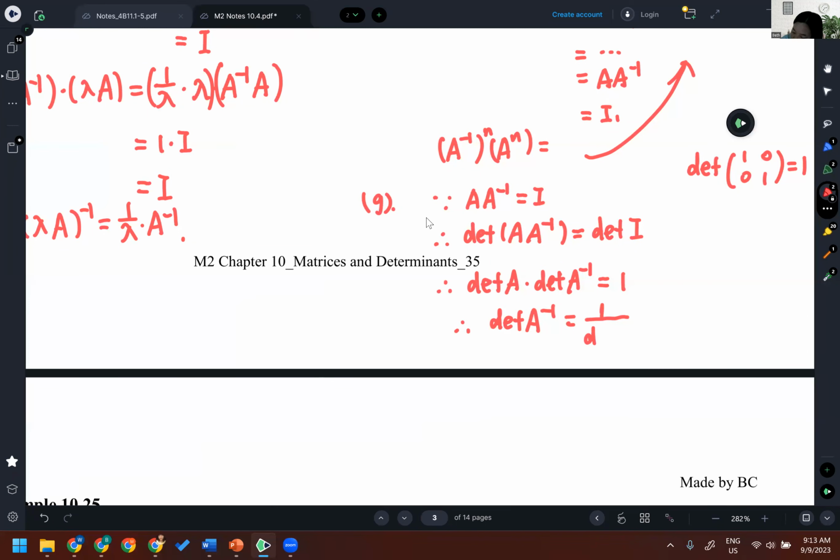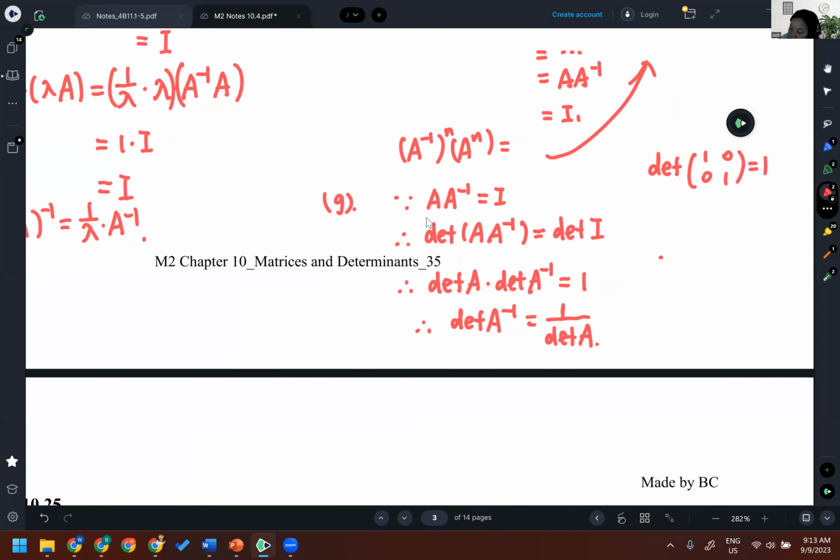That means if determinant of A equals 3, then determinant of A inverse equal 1 over 3. These are numbers, not matrices.